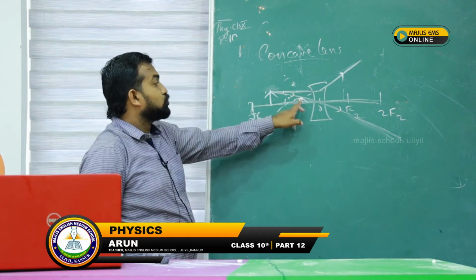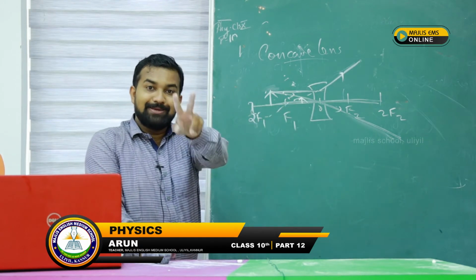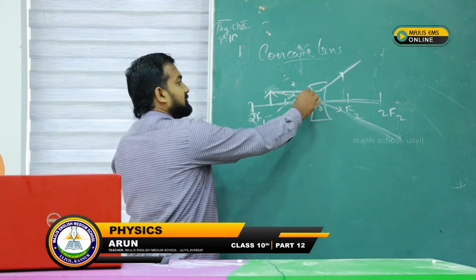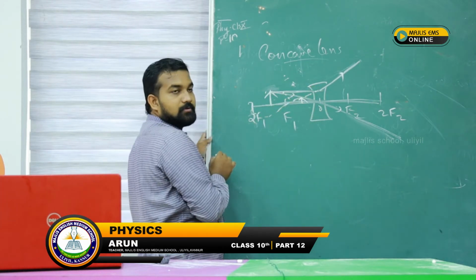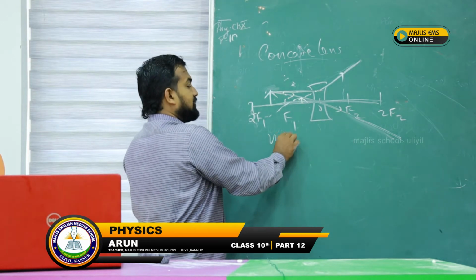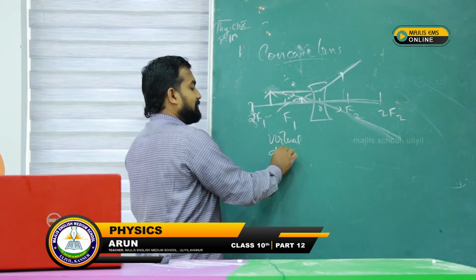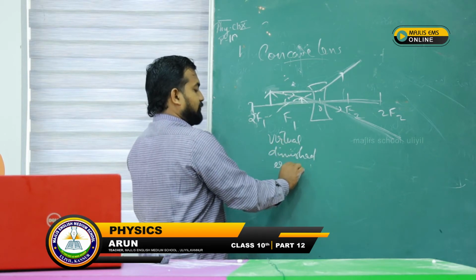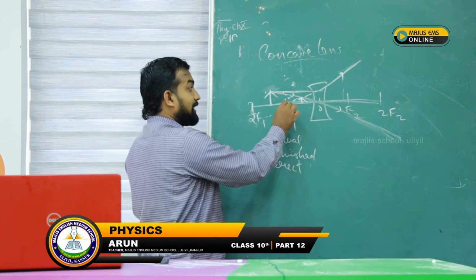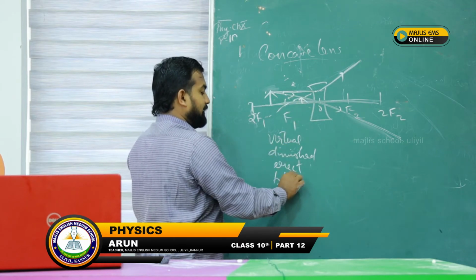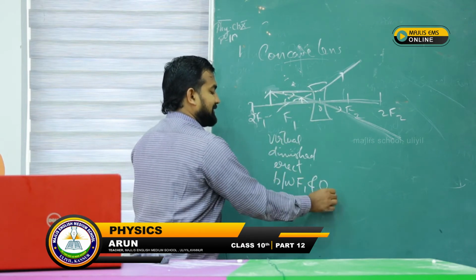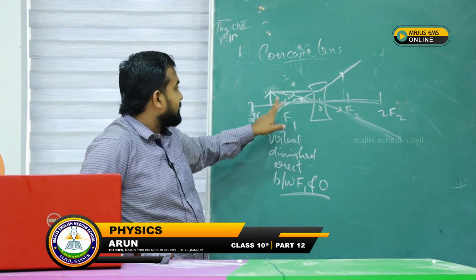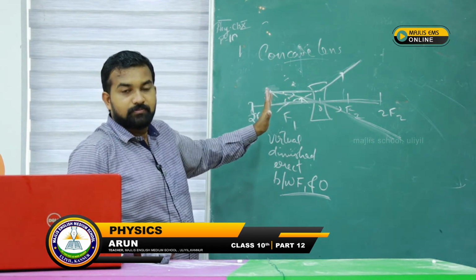Whereas the two rays should really meet for a real image to form. But here both the rays are not real. One is an imaginary ray, virtual. So here also a virtual image is formed, diminished and erect. All the virtual images will be between f1 and the optical center when the object is near to the lens.